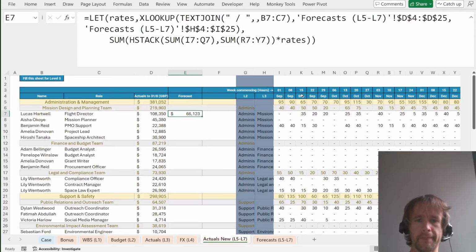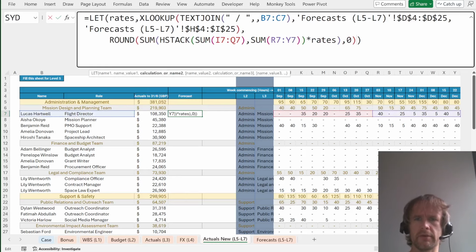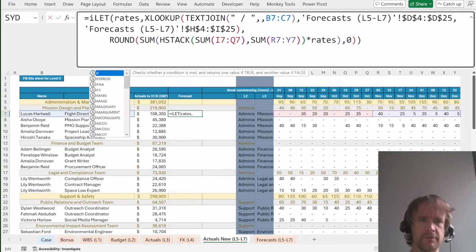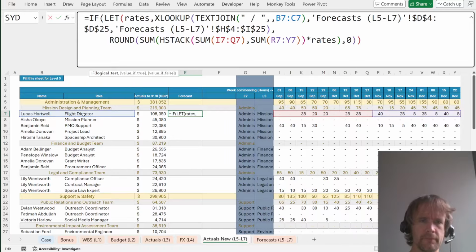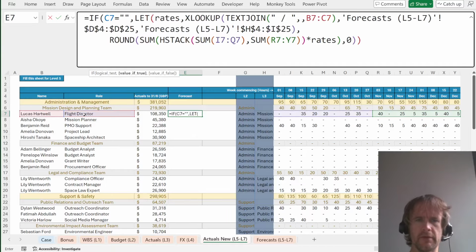Okay. So now we come in here and we sum, and we got to round this to the nearest pound. Okay. And then I guess we're going to say if this equals blank, then, sorry, if this is not equal to blank, then that.